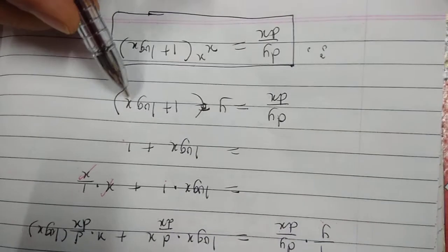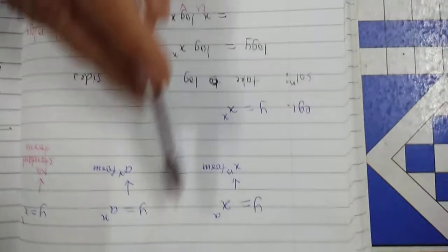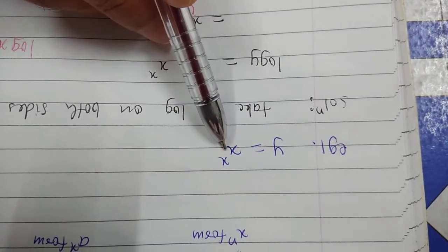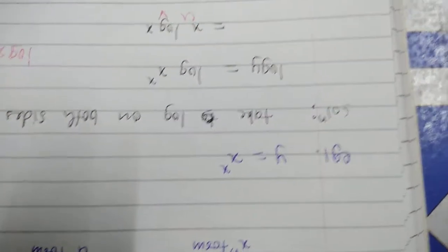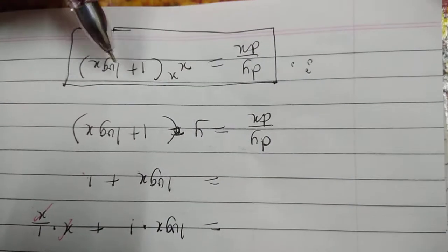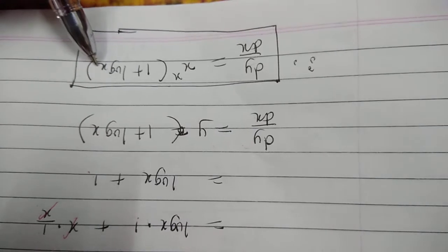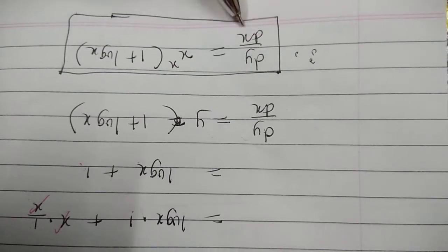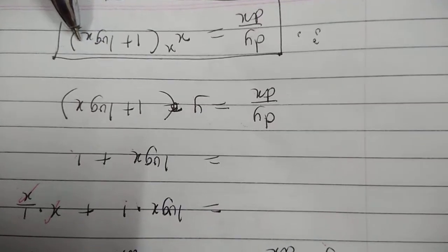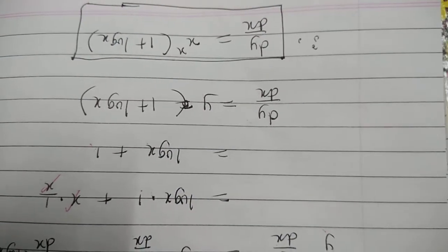So for the final answer, if you see our question, it is y equal to x raised to x. Therefore we can substitute here in our final answer y as x raised to x. So this is our final answer, dy by dx equal to x raised to x multiplied by 1 plus log x. We will see the next example.